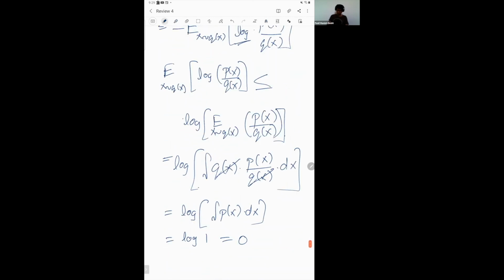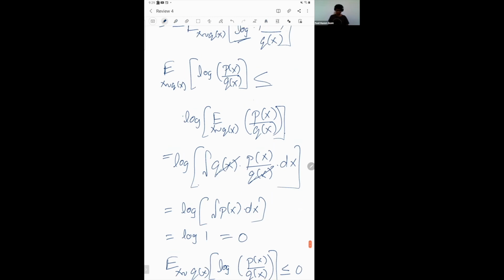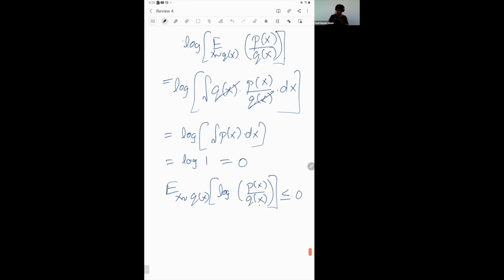So now we know the expected value, given q of x, is less than log of 1, which evaluates to 0, and hence this term is less than 0.